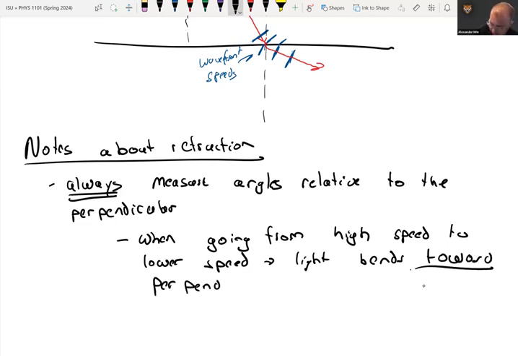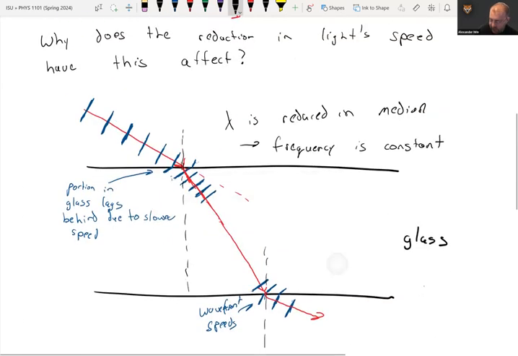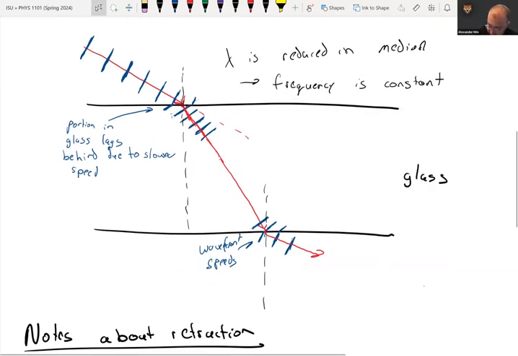So when we went from the higher speed air to the lower speed glass, notice our ray bent towards the perpendicular, away from its normal path. It didn't bend away from the perpendicular. That's what it actually did down here. When we went from the low speed to the high speed, it bent away from the perpendicular.